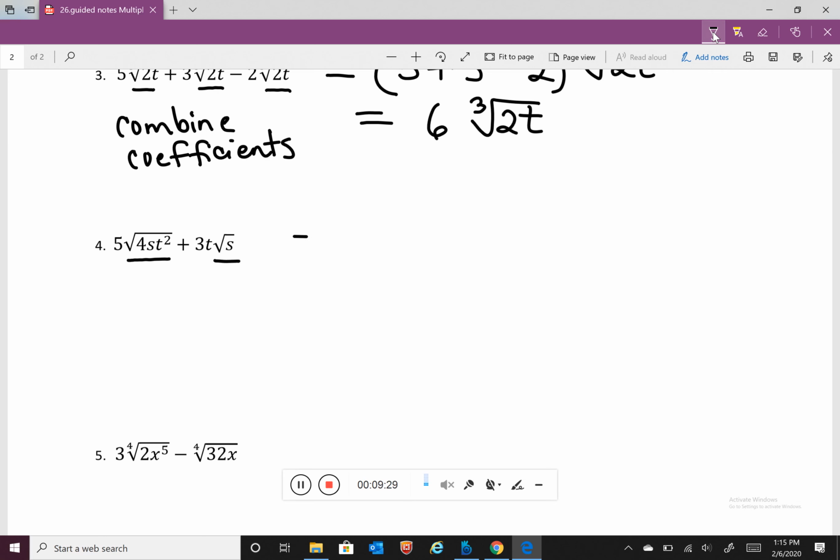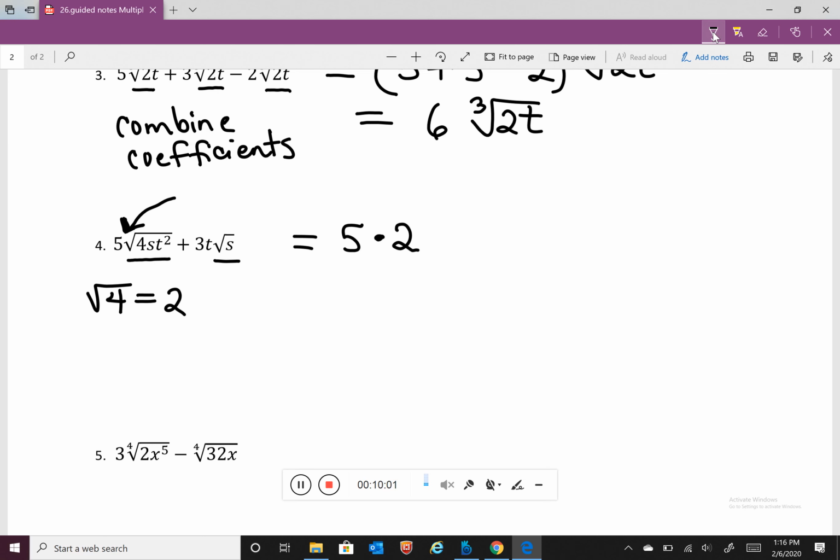So tackling this first radical, another thing that we need to recognize is there is implied multiplication right here. This is 5 times the square root of 4st squared. So when we simplify the square root of 4 to be 2, that means we have 5, and when we bring that 2 out, it is going to be multiplied by the 5. s, there's nothing I can do with it.